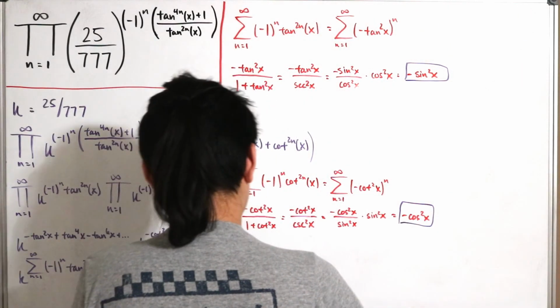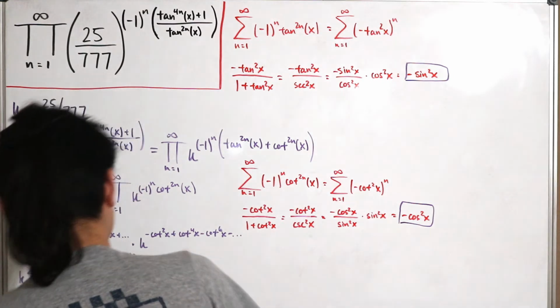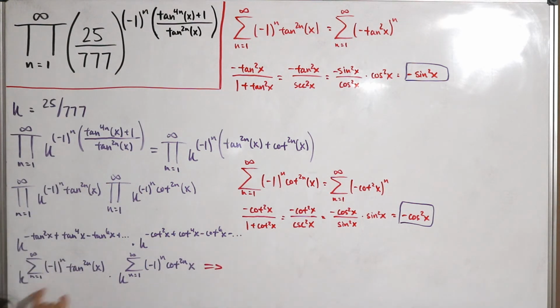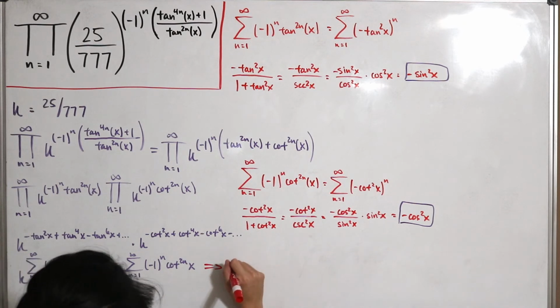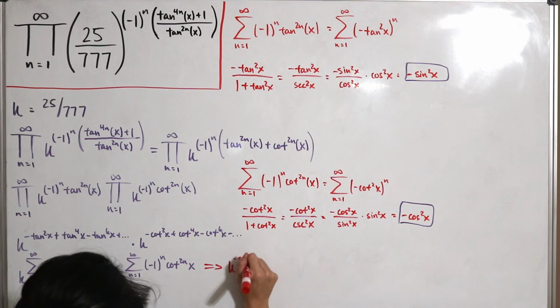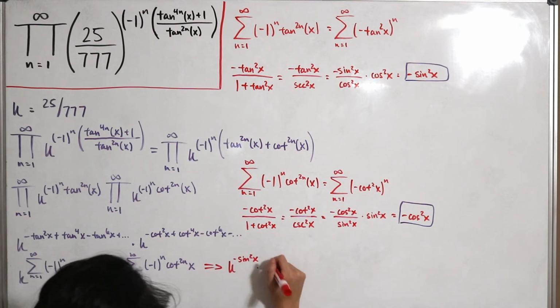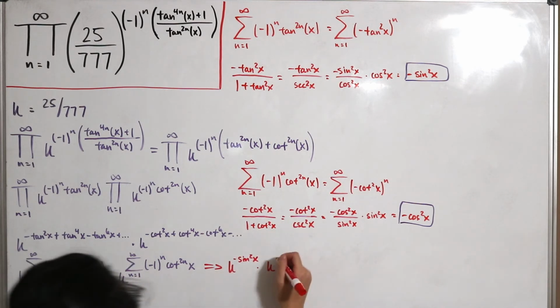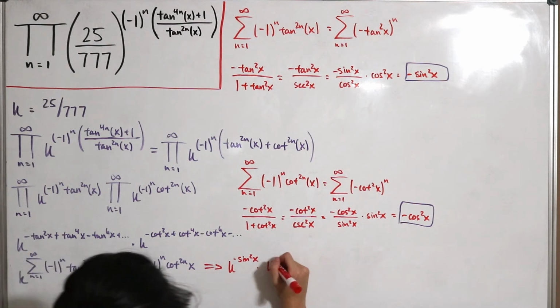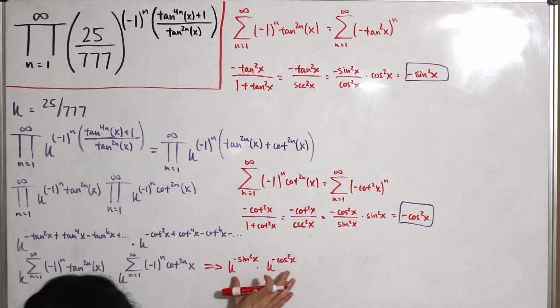So now I'm just going to follow through from over here. Now that we solved our two exponents, this is just k to the power negative sine square of x multiplied by k to the power negative cosine square of x. Okay, so we can just use our rules of exponents.